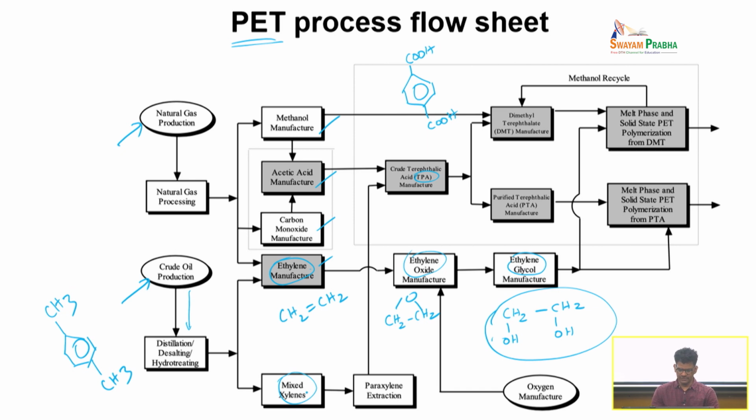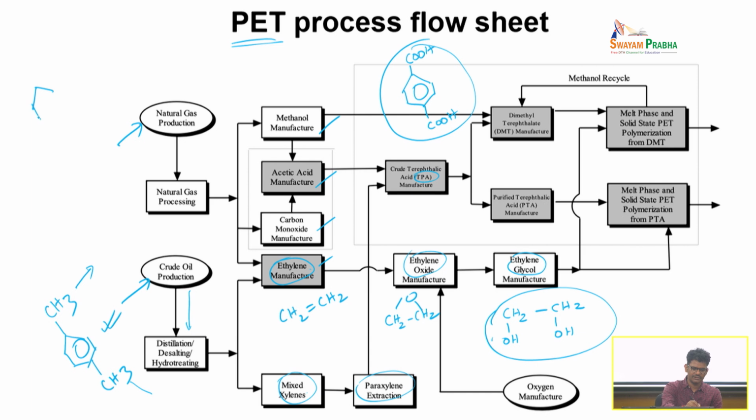From crude oil to xylene, and from xylene they separate paraxylene, which is basically this, and then this group is converted into a COOH group, this group is converted into a COOH group, and then you get terephthalic acid. So now we have two important raw materials, terephthalic acid, which is basically a diacid, and ethylene glycol, which is a diol.